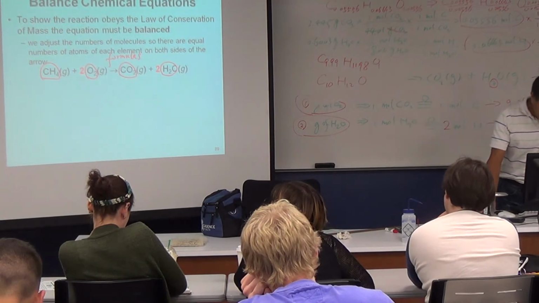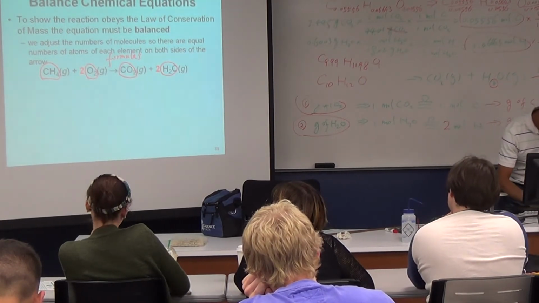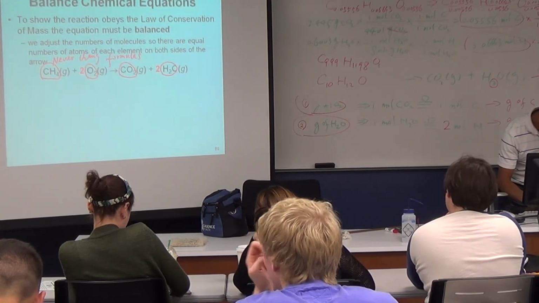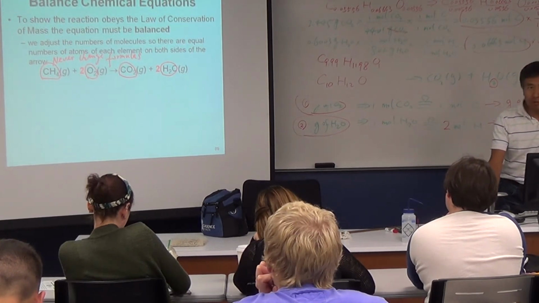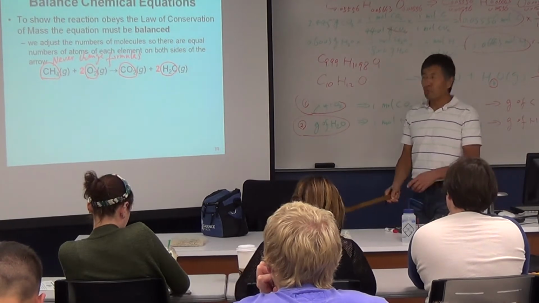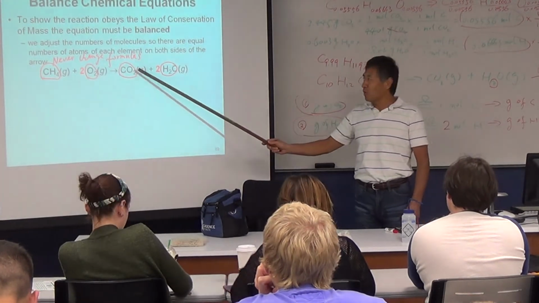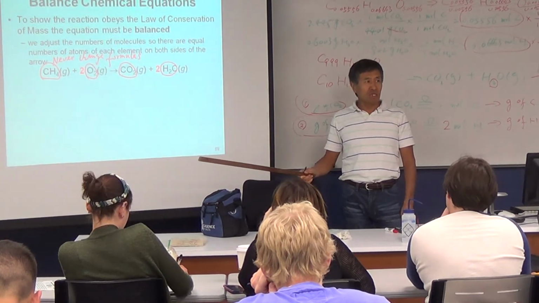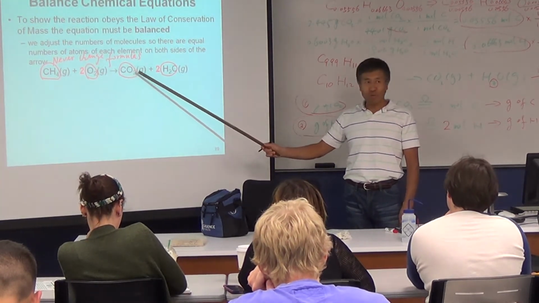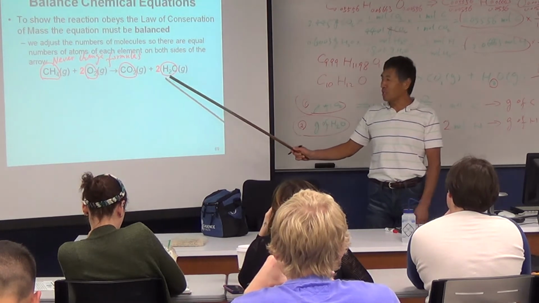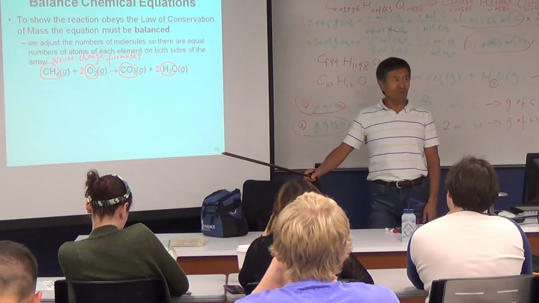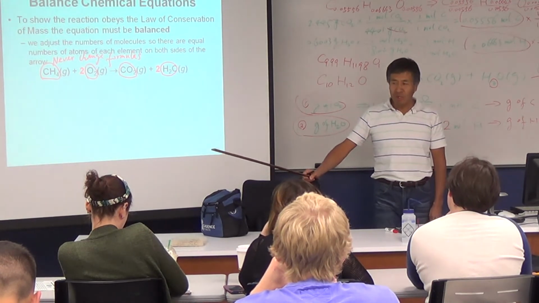So when you balance the equation, never change the formula. If you know your reactants and your products, you just write out those formulas and never change them. You don't change CO2 into CO, and you don't change H2O into H2O2 to get the same number of O, same number of H.